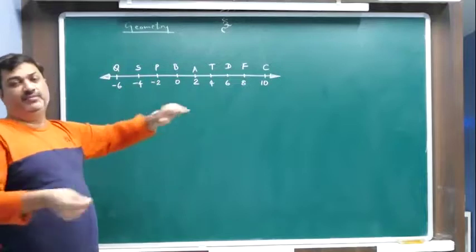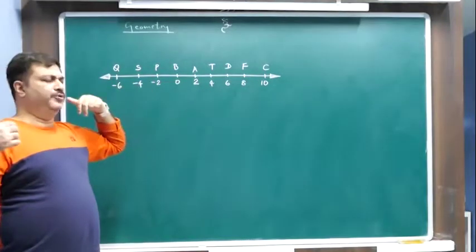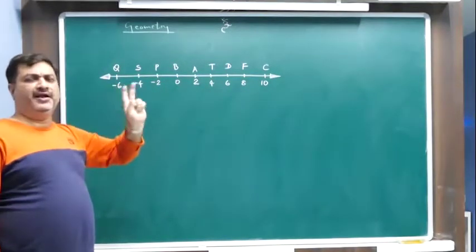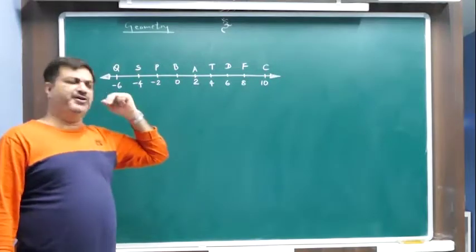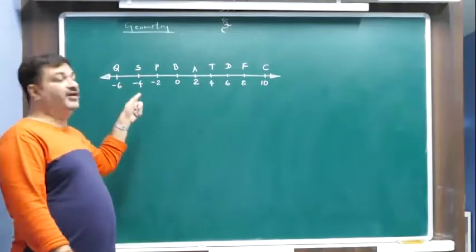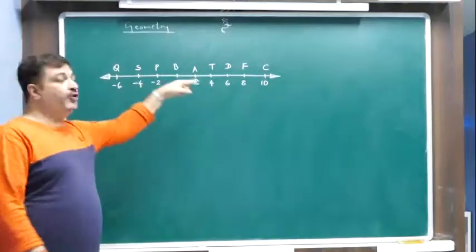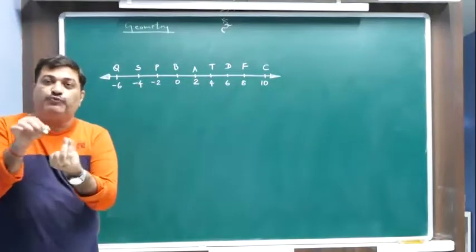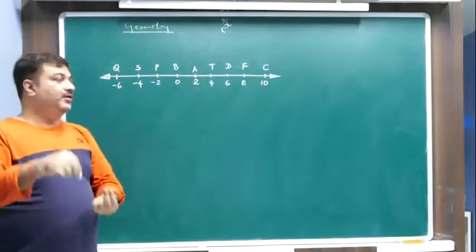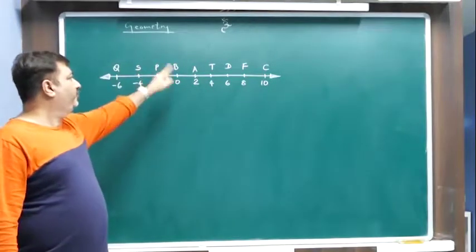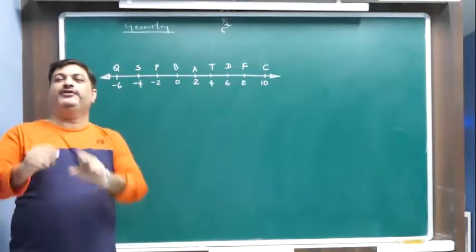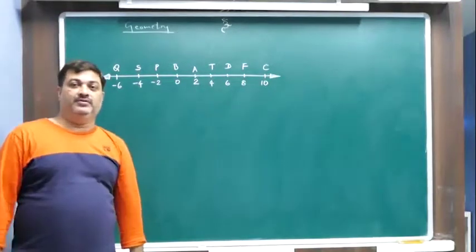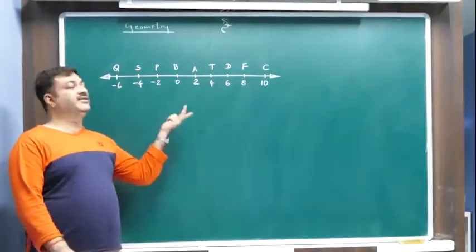See, there are an indefinite number of points. It's a huge collection of points. Any line is a huge collection of points. When you are drawing a number line and naming these points, you are selecting a few of those points. So you have selected here 1, 2, 3, 4, 5, 6, 7, 8, 9 points out of that line. Out of millions of points, you have selected these 9 points.